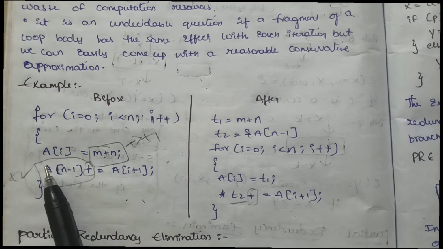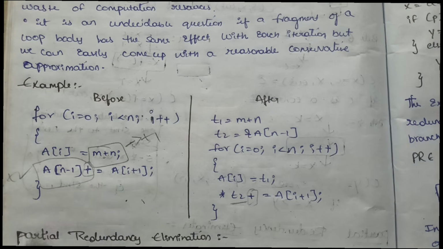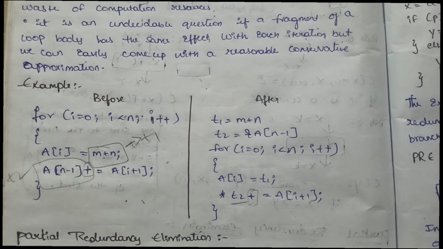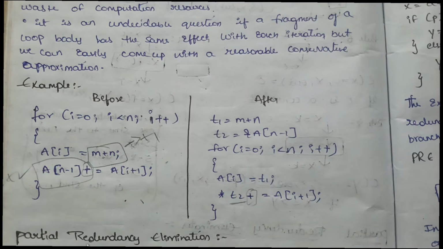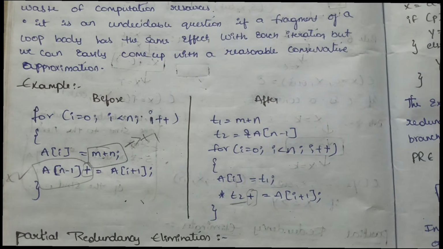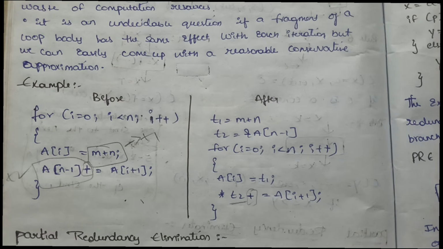Here, m and n are not modified, the value is constant in the loop. So m plus n is not altered, meaning it has not been modified.